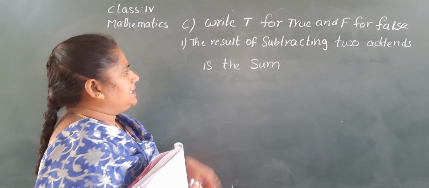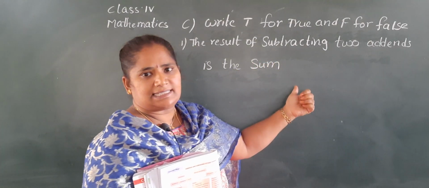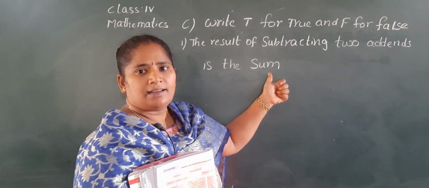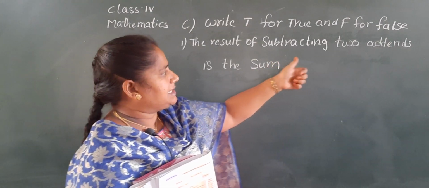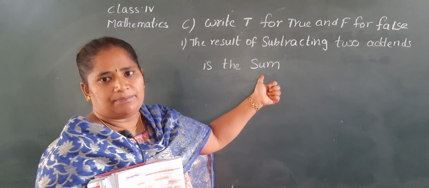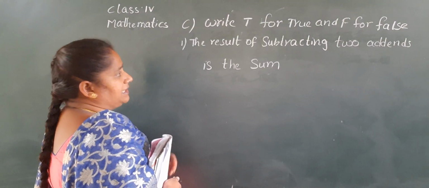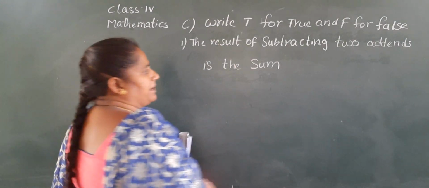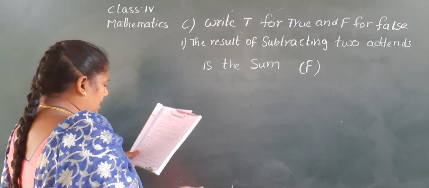See here, the result of subtraction, but here they have given two addends is the sum. Is this subtracting? By subtracting, shall we get the sum? No. The result of addition is called the sum. So this statement is wrong. So we will write F. And next one.